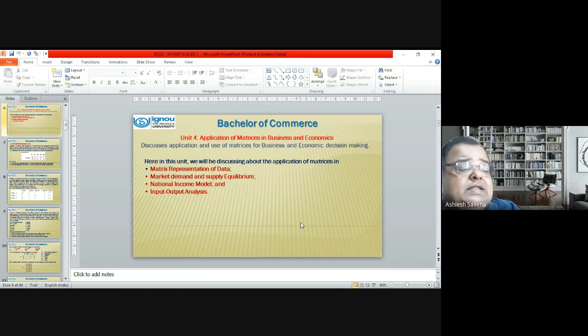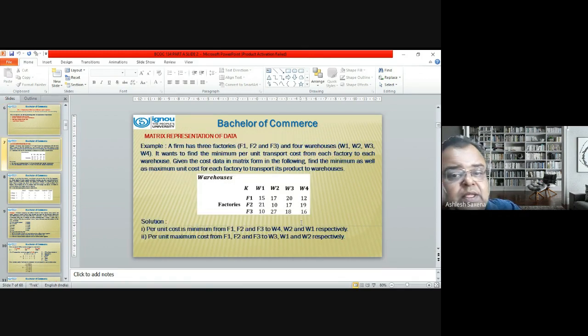So we will be studying today matrix representation of data, market demand and supply equilibrium, national income model, and input output analysis. These are all related to matrix applications.